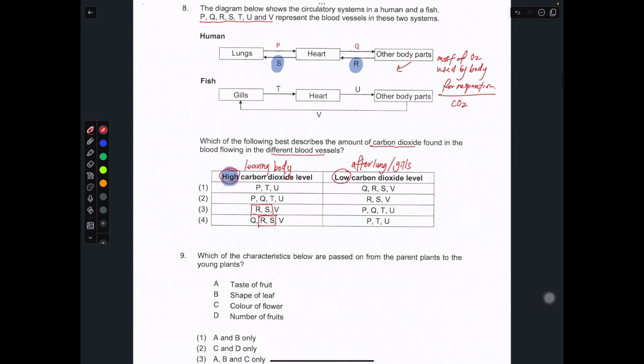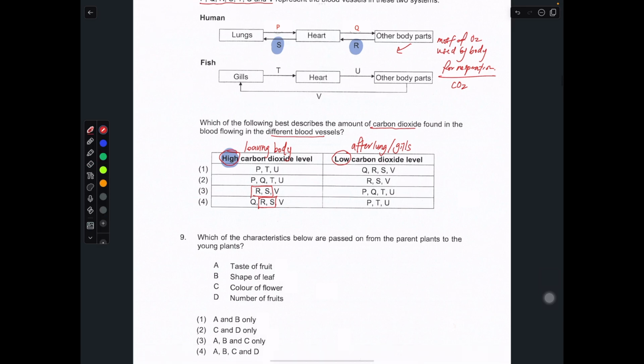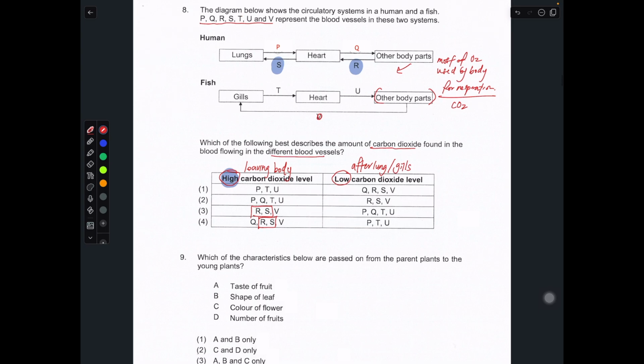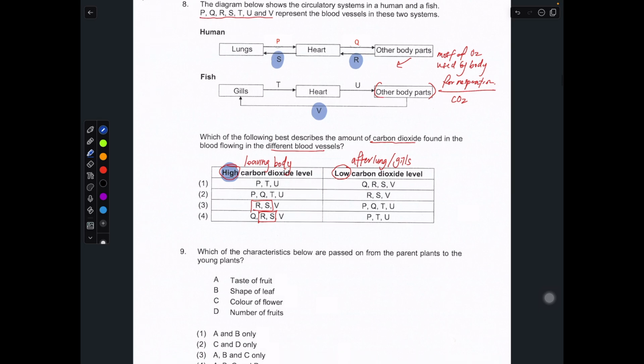So let's take a look at fish. So fish goes from the gills to the heart, and from the heart to the body, and from the body back to the gills. Okay, after the body parts, which is V, over here, that will be the one that has a lot more carbon dioxide.